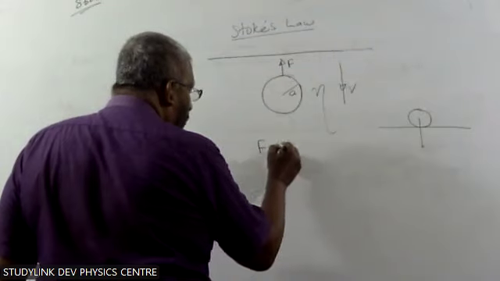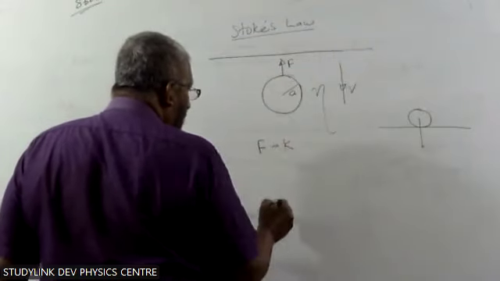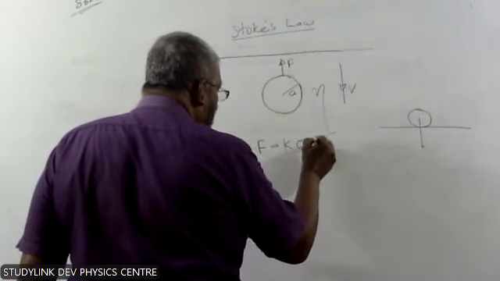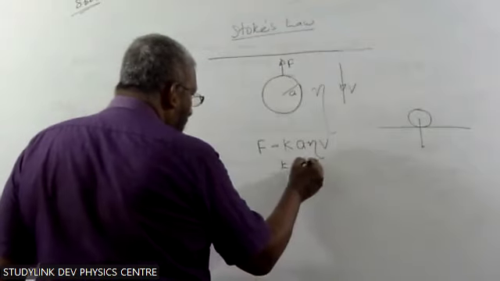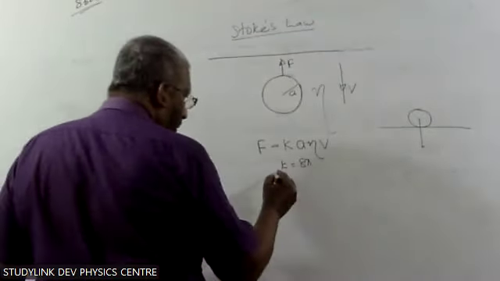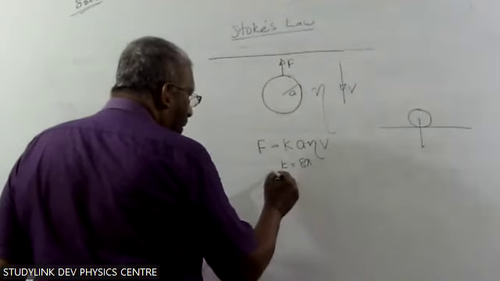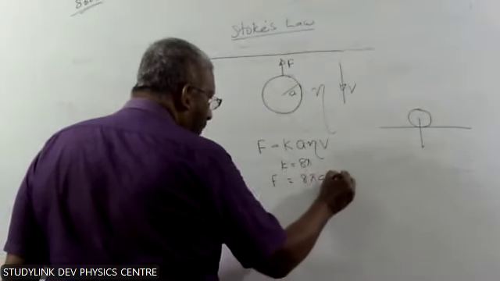Anyhow, we can prove this equation: F is equal to K A eta V. This K value is 8.5. So then F is equal to 8.5 A eta V.